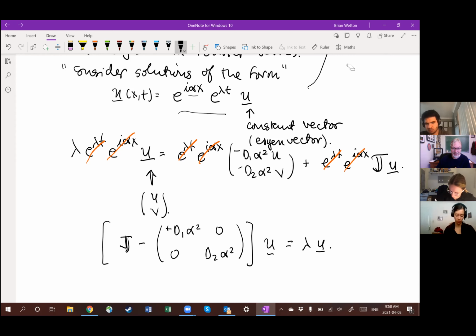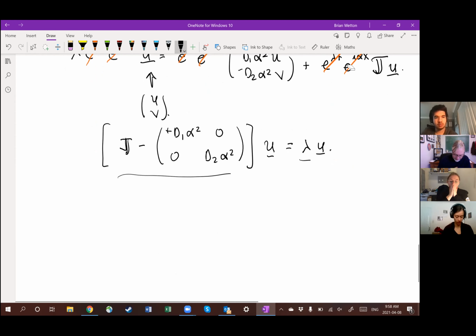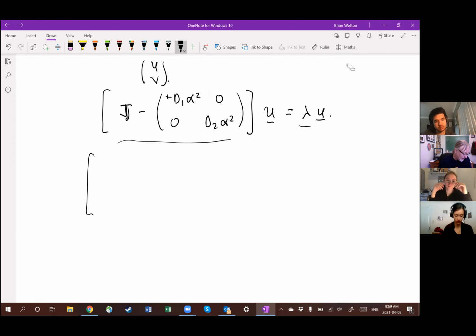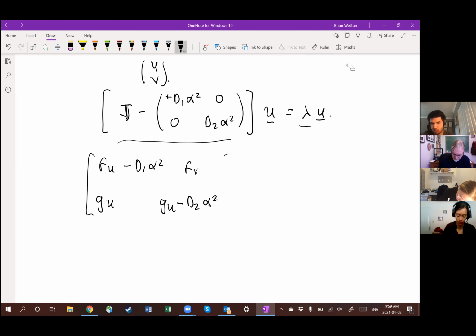So this is the rate of growth in time. There are going to be two lambdas, and they come from the eigenanalysis of this particular matrix. I can write that out: Fu minus D1 alpha squared, Fv, Gu, Gv minus D2 alpha squared.